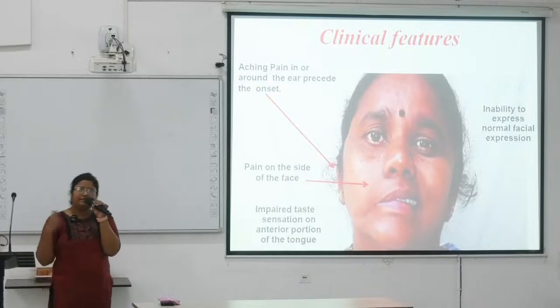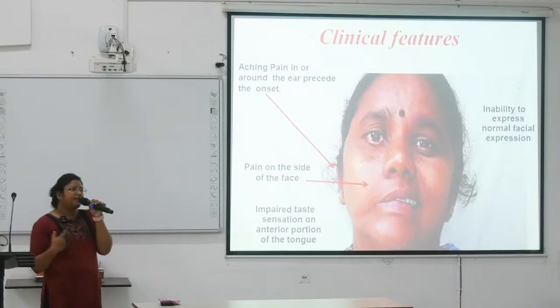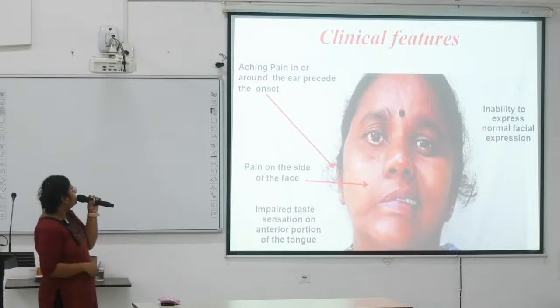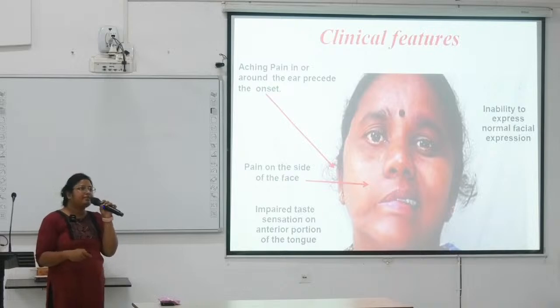But in diabetic patients, it occurs at older ages, mainly after 50 or like this. Okay. When there is uncontrolled diabetes, there is a high risk of this facial palsy. Okay, so what will be the clinical features? Okay, you have to know the signs and the symptoms.